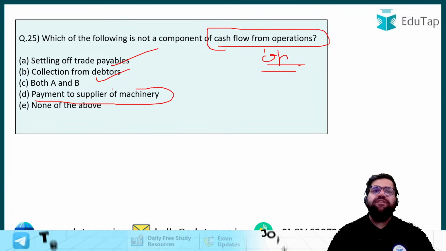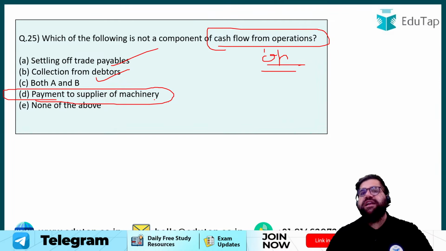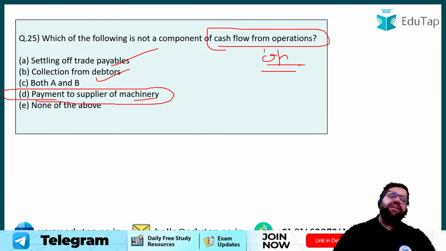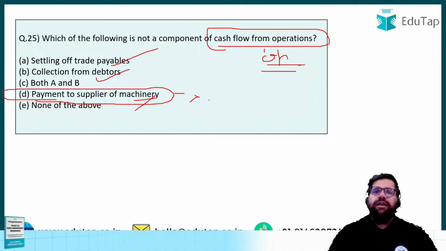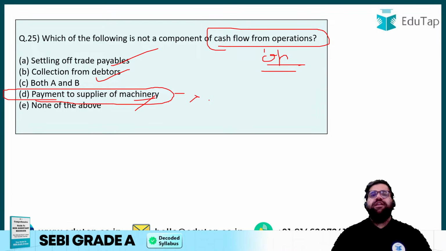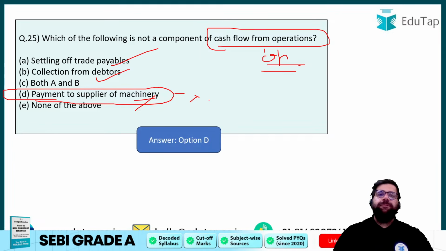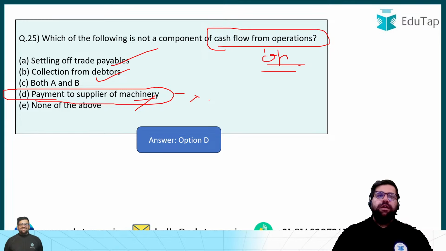Payment to a supplier of machine is not a regular activity. You will purchase a machine, and it is not like every now and then I'm purchasing a machine. So payment to a supplier of machine will not be categorized as operating; rather, it will be counted under a different activity. So my answer will be option number D in this particular case.